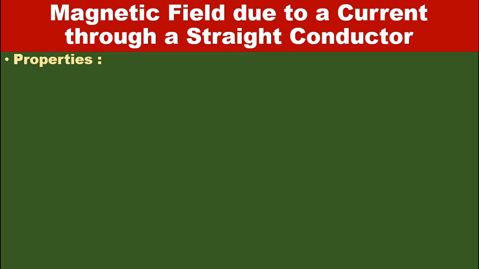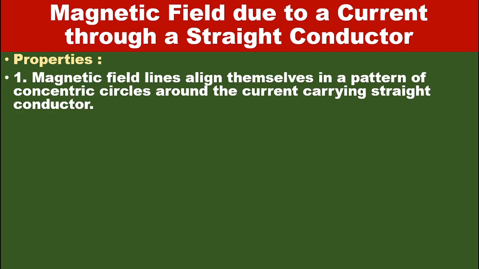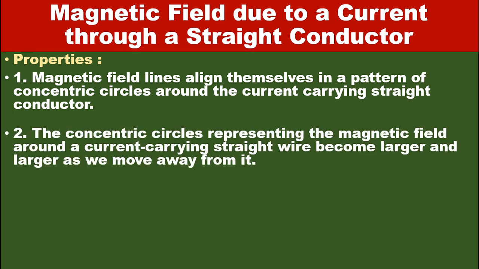Now, once again, the magnetic field due to current through a straight conductor, its properties. Number 1. Magnetic field lines align themselves in a pattern of concentric circles around the current carrying conductor. That is the first property. Second property, these concentric circles representing the magnetic field around that conductor become larger and larger as we move away from it.